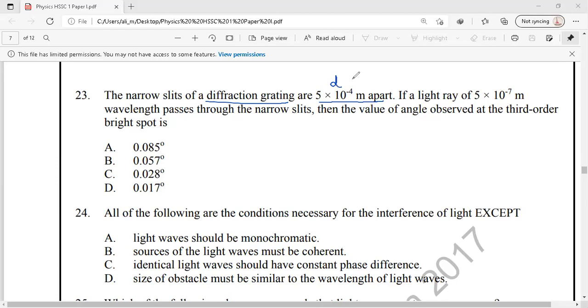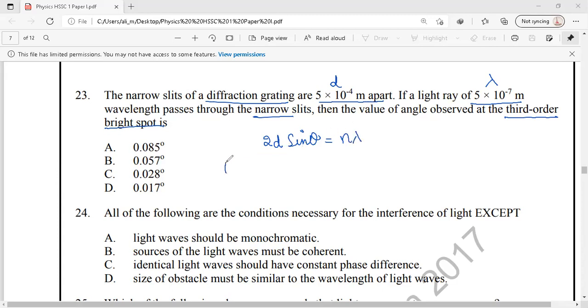If a light ray of wavelength 5 × 10^-7, this is our lambda, passes through the narrow slits, then we have to find the value of the angle observed at the third order bright spot. Let's apply the formula of Bragg's equation, stated as 2d sin theta = n lambda.